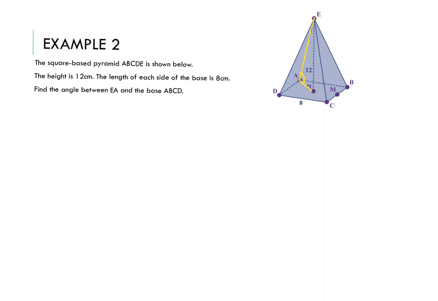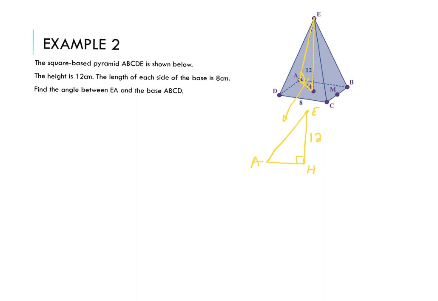Now, it's pretty hard to see in 3 dimensions, which is where my tip of redrawing in 2 dimensions comes in really handy. What I'm going to do is redraw this right angle triangle. So I have the height going from E to H, and this is connecting to A. This forms a right angle triangle.